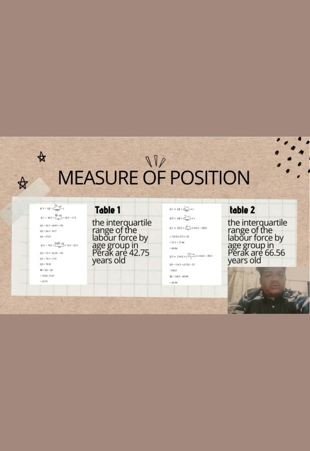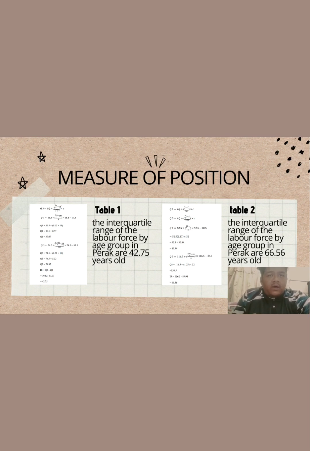Next is measure of position involving the interquartile range. We use the formula to calculate the upper and lower quartile using the data from the table.